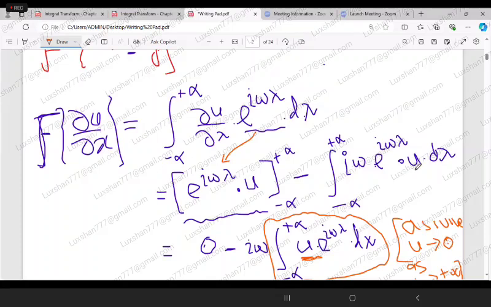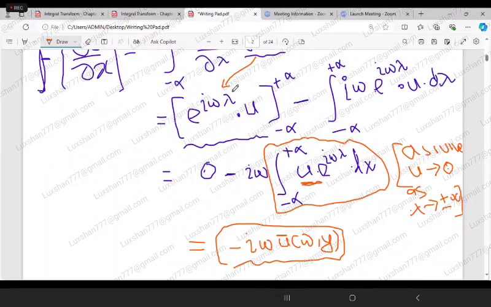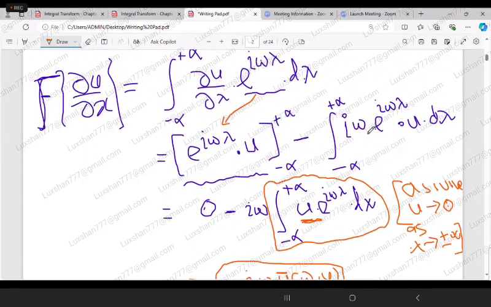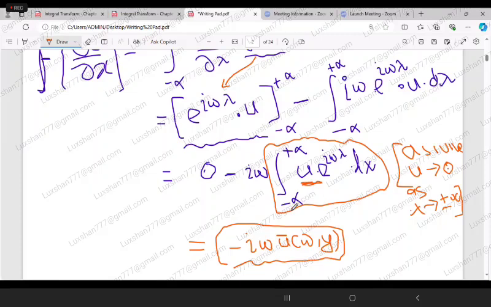But here this part becomes 0 as per our assumption. Therefore, taking iω out, this becomes minus iω integral from minus infinity to plus infinity of u e to the power iωλ dλ.